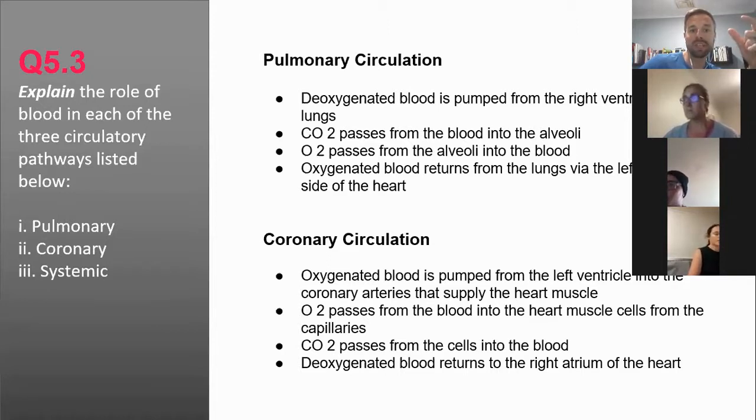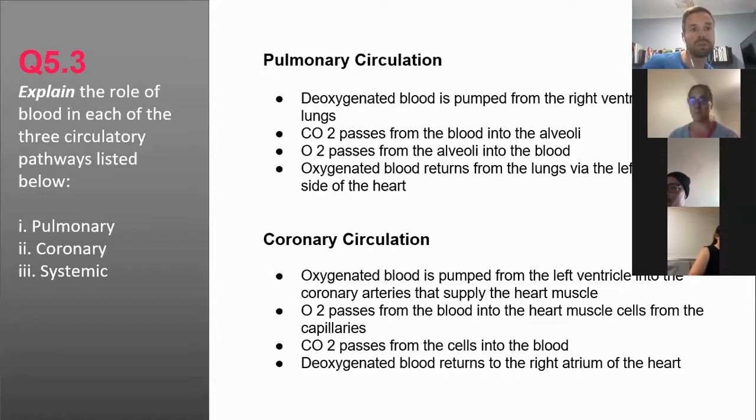The first thing is we give carbon dioxide, CO2, from the blood to the alveoli, because deoxygenated blood has carbon dioxide in it. We need to breathe that out, okay? So carbon dioxide passes from the blood to the alveoli and we breathe that out. Then we take the oxygen from the alveoli and put it back into the blood.